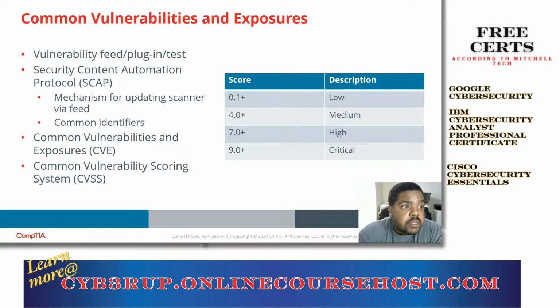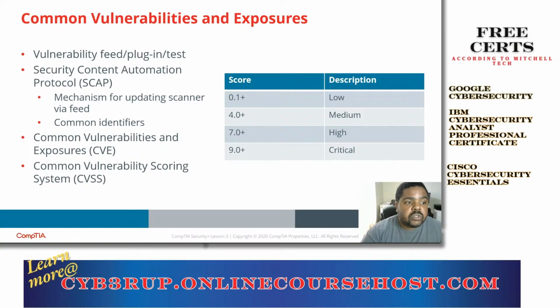Now, when your vulnerability scanner scans the network and applies those vulnerabilities to the database and comes back with a report, it will give you a scale from low risk to critical risk. You'll normally see things called CVEs, the Common Vulnerabilities and Exposures, which is the name of the vulnerability that's out there.